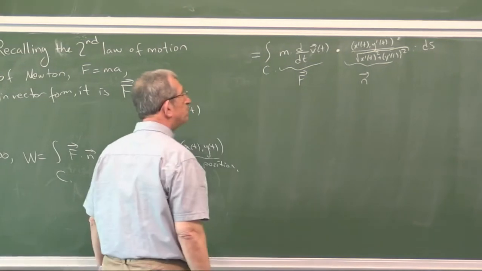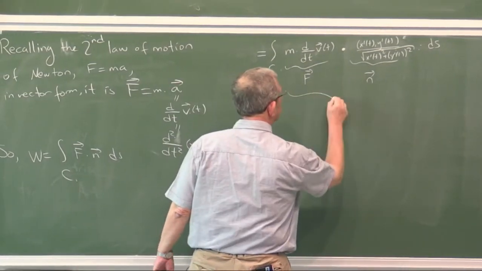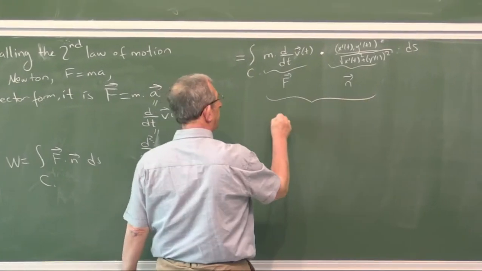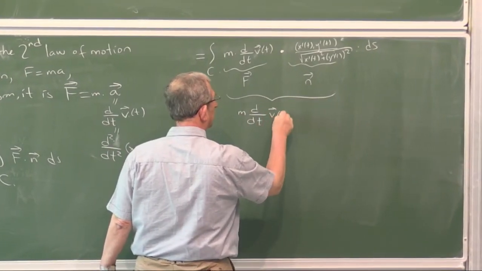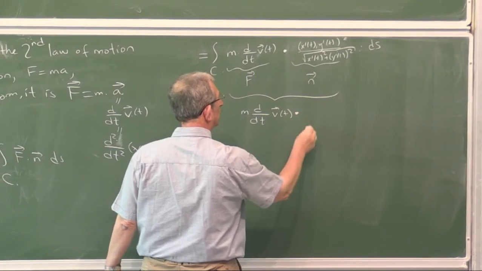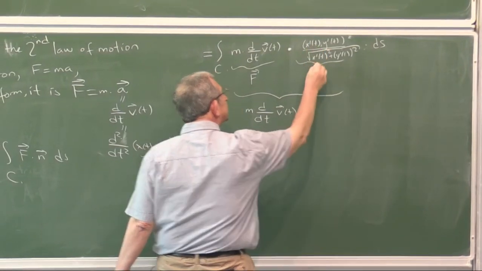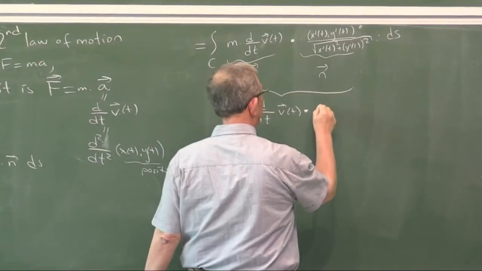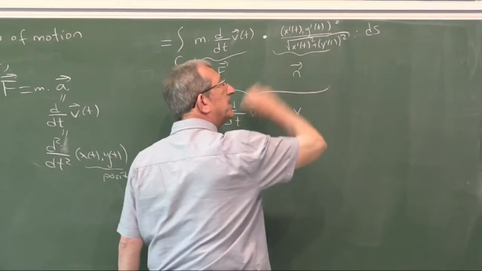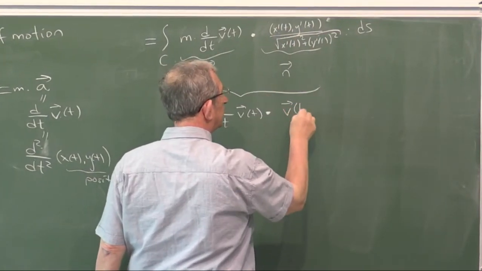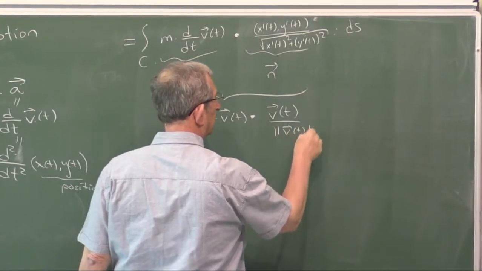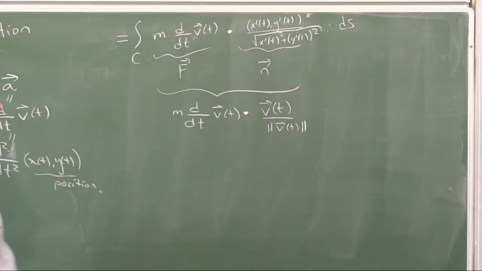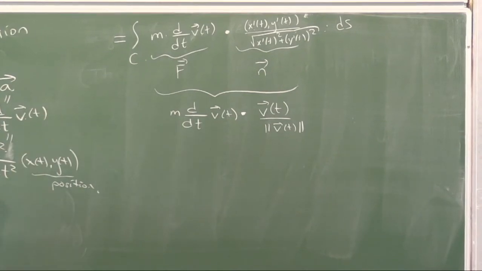Looking at this part only, we have m, the derivative of v of t, dot n. Now, this n is actually the derivative of x of t, y of t, so it is v of t divided by length of v. And we have ds, etc.